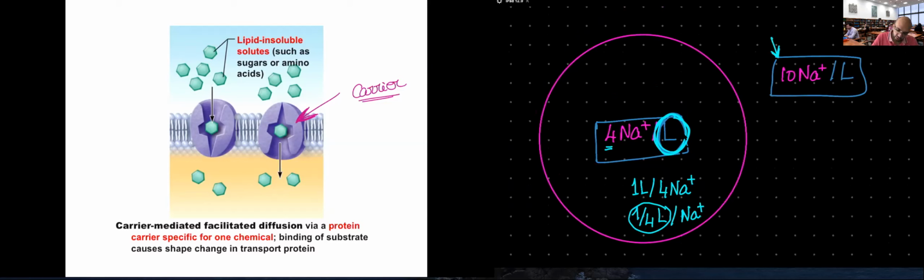And inside of the cell, you have 4 sodium per liter. You agree on this? So which side has higher sodium concentration? Outside. Great. So I cannot allow the sodium to move.